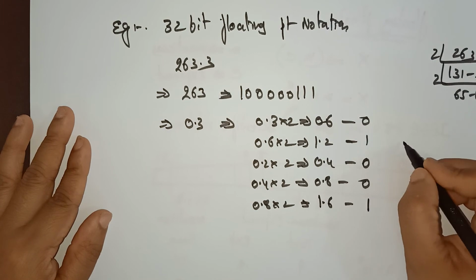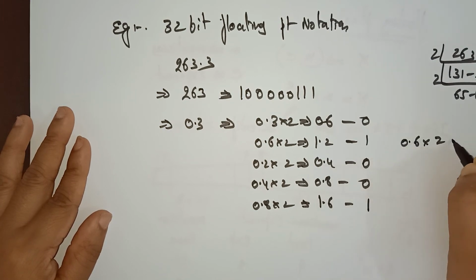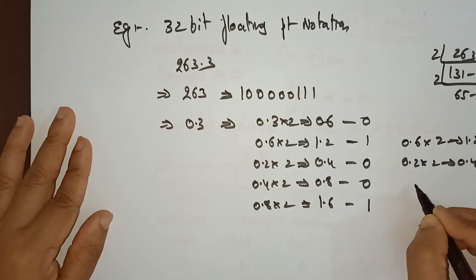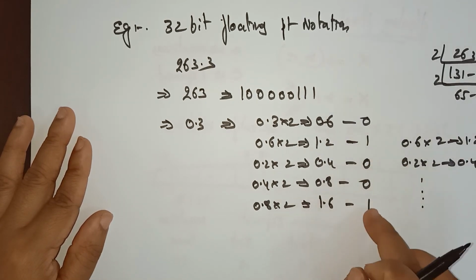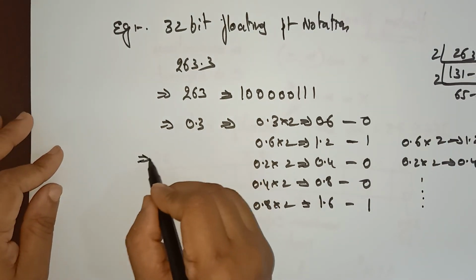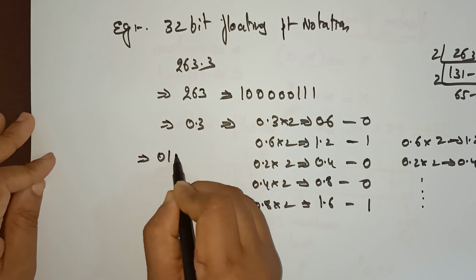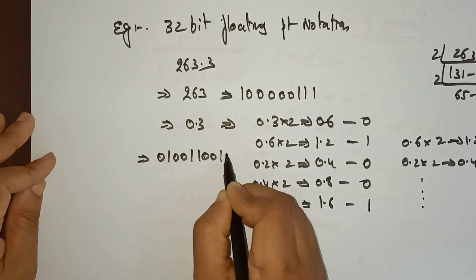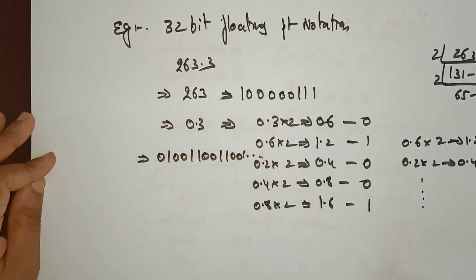Again it is repeating, 0.6 into 2 gives 1.2, and 0.2 into 2 gives 0.4. So 1001, 1001 is all repeating. So what is 0.3? 0.3 is nothing but 01001, again 1001, 1001, and so on.